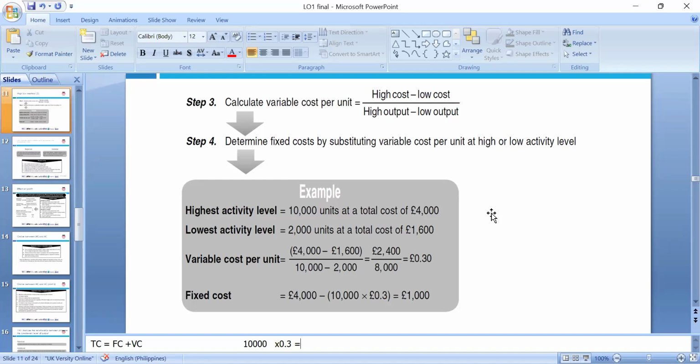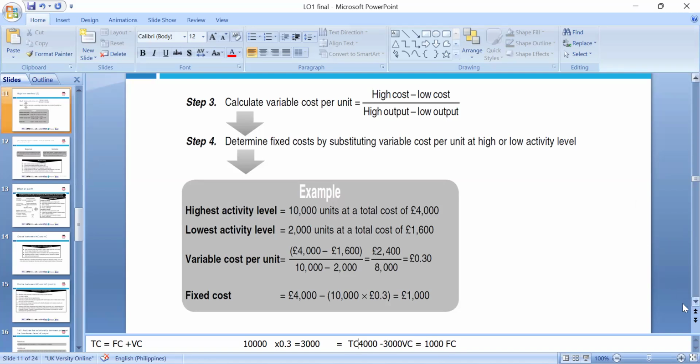So that comes to 3,000. So 3,000 is my variable cost. Now my total cost was 4,000. So 4,000 minus 3,000 leaves 1,000, which is my fixed cost. So fixed plus variable equals my total cost.